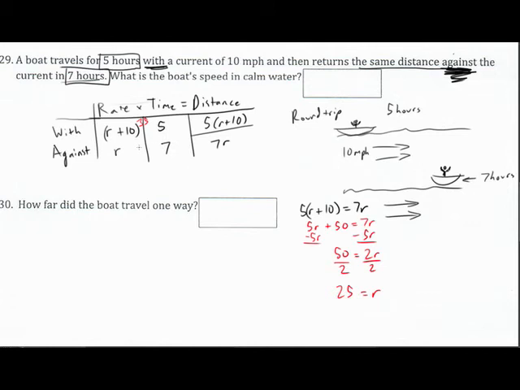Against the current, he would be going 25. So right in between these 2 miles per hour would be his speed when there is no current. So no current would be 30. That's right in between 25 and 35. So 30 miles per hour would be your answer.